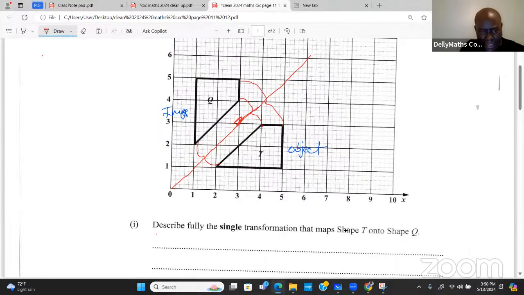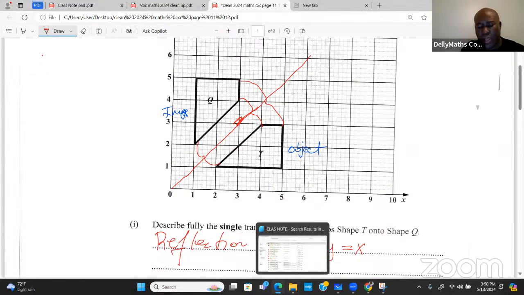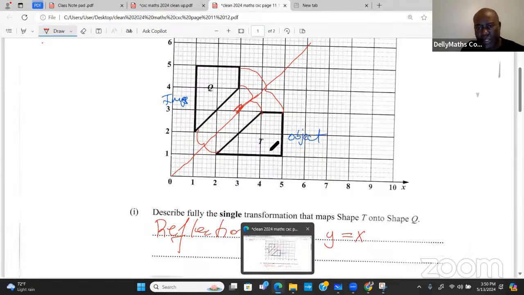So definitely this is a reflection across y equal to x right there.